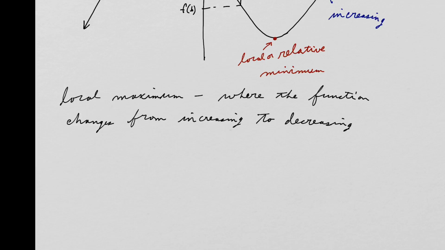And then local minimum is where the function changes from decreasing to increasing.